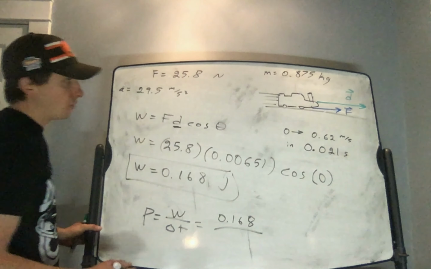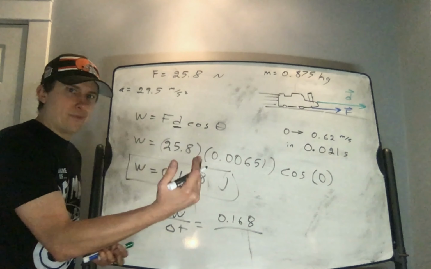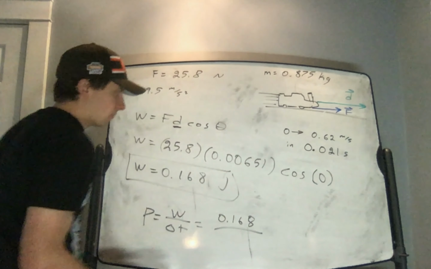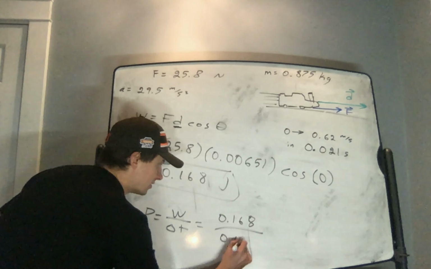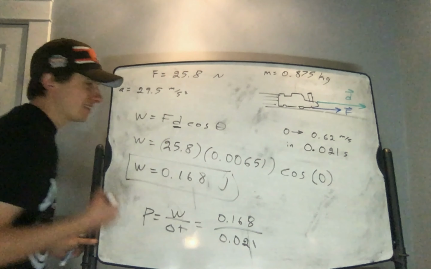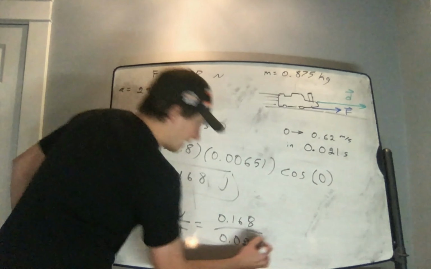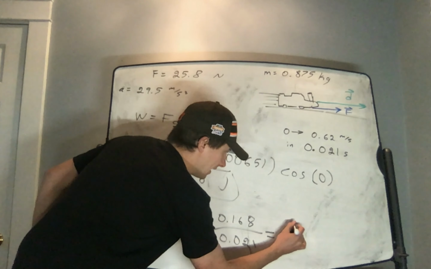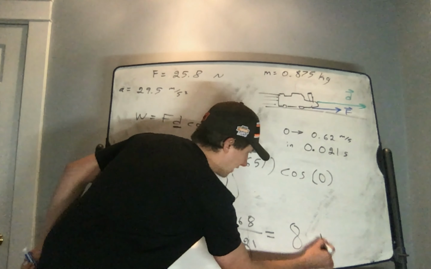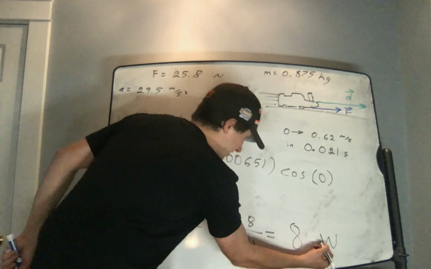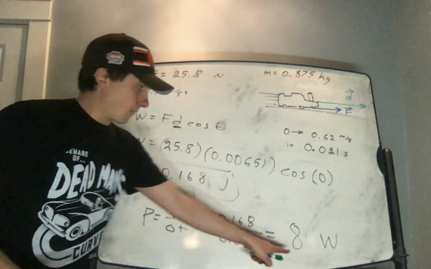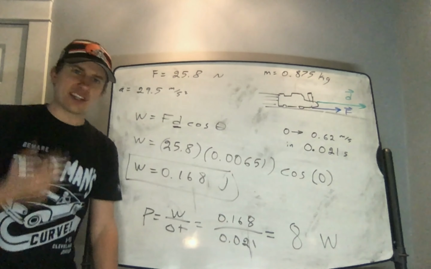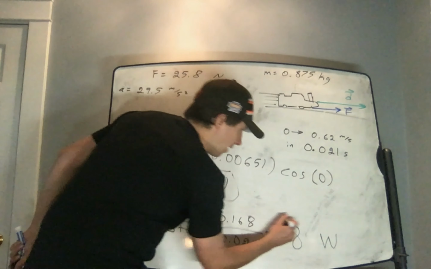The time interval from initial to final is 0.021 seconds. And from that, I find the average power delivered to the train by the motor is 8 watts, where in this case, the W does not stand for work. The W stands for watt, the SI unit of power.